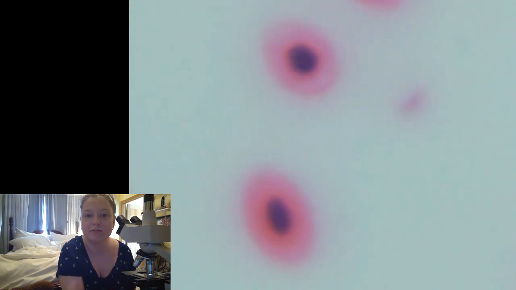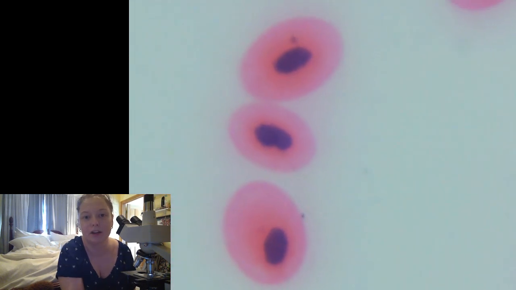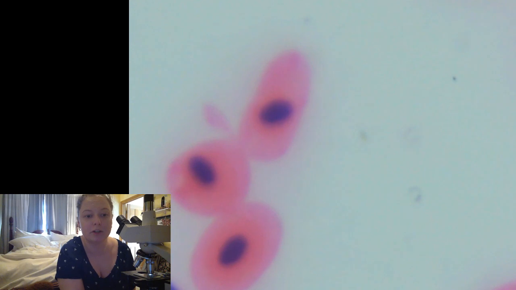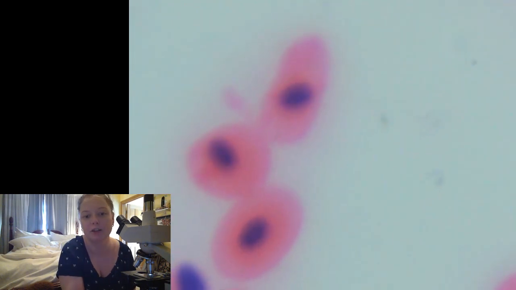It's interesting. It seems like they do have some of the other components of blood in here too, like some of the other types of cells. So it's important to know blood is not just one type of cell. There's lots of other stuff in there too. So that's some frog blood. It's getting out of focus again.